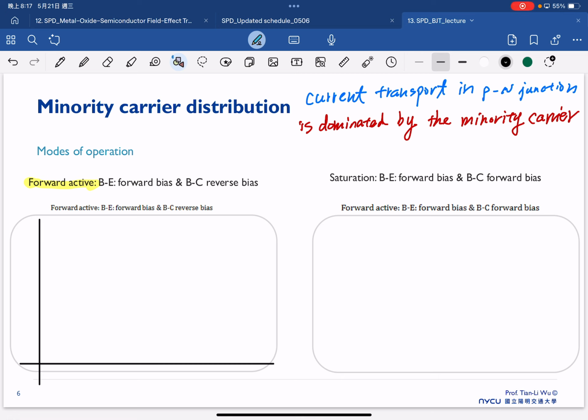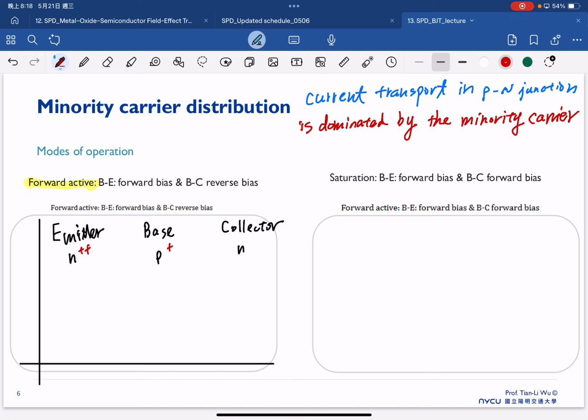So first we divide it into three regions: we have the emitter on the left, we have the base, and in the middle we have the collector, right? We already mentioned that the doping concentration is not the same. So although this is NPN, it is actually N plus plus, P plus, and N.